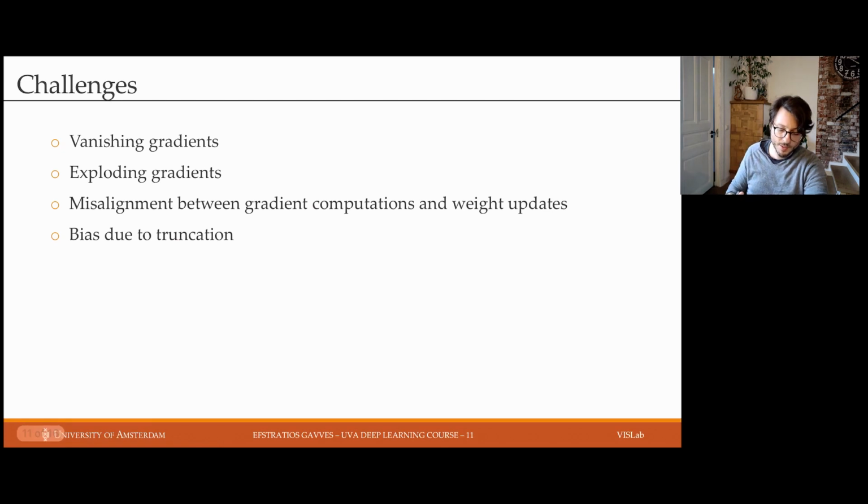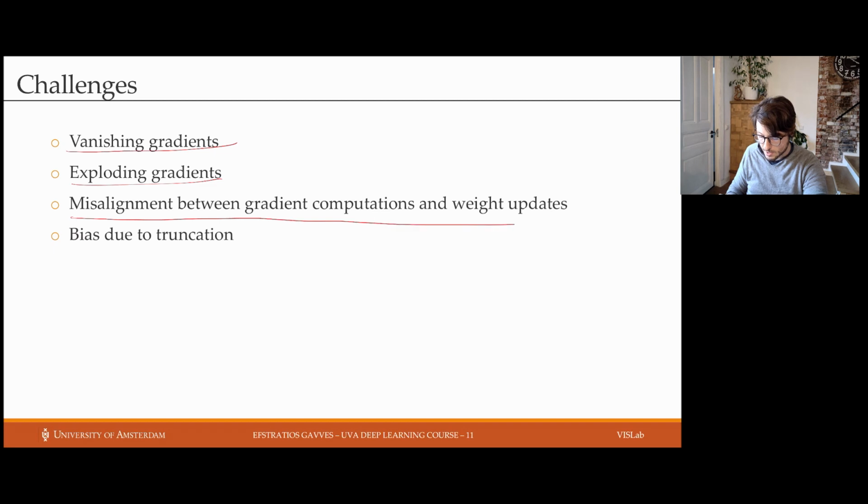Some challenges with backpropagation through time are, of course, the vanishing and exploding gradients, as we saw in the previous lecture for deep convolutional neural networks. Again, a recurrent network can be seen as basically an MLP with infinitely many layers and shared parameters. So vanishing and exploding gradients are a persistent problem here also.